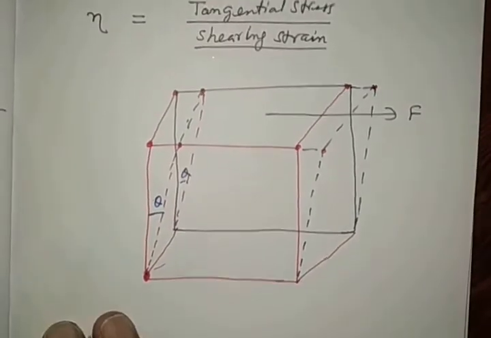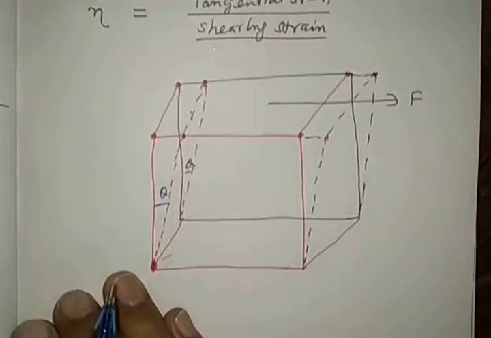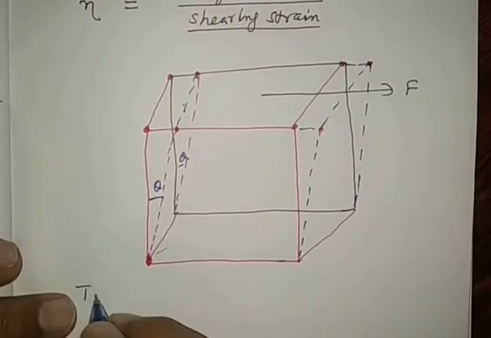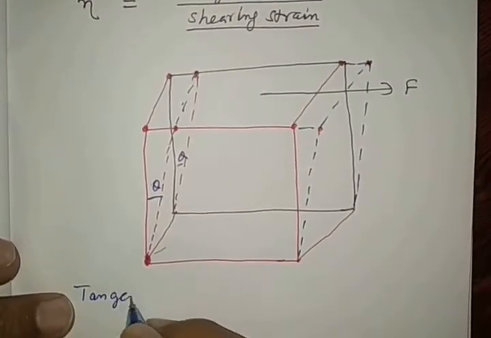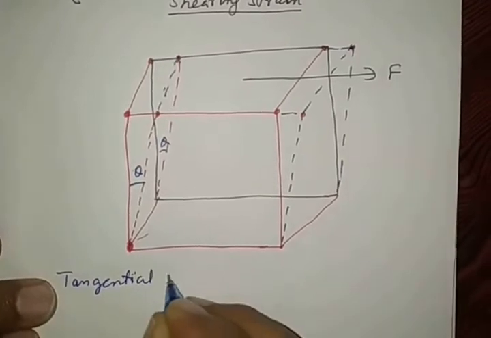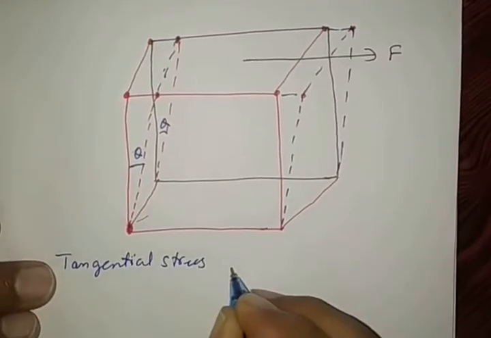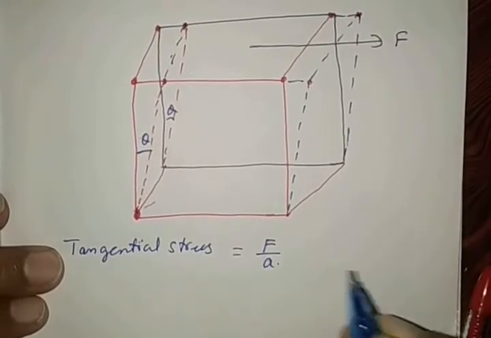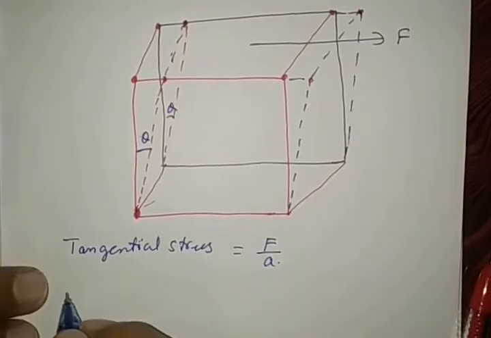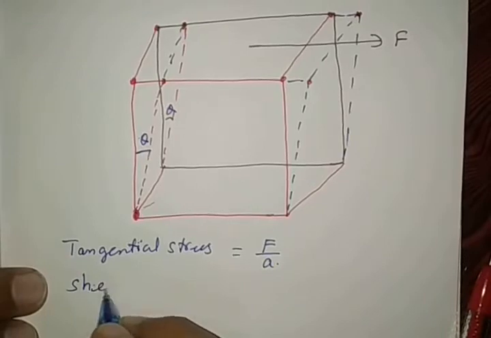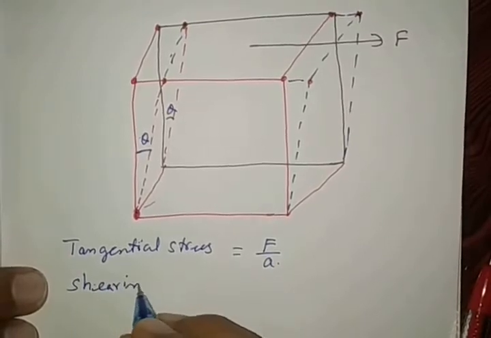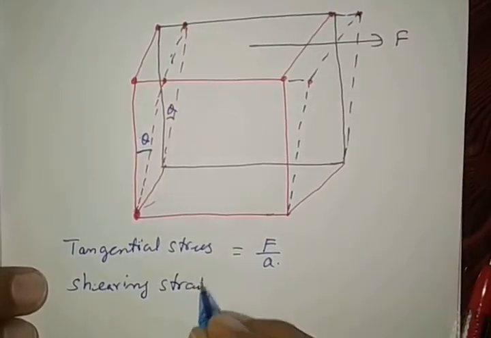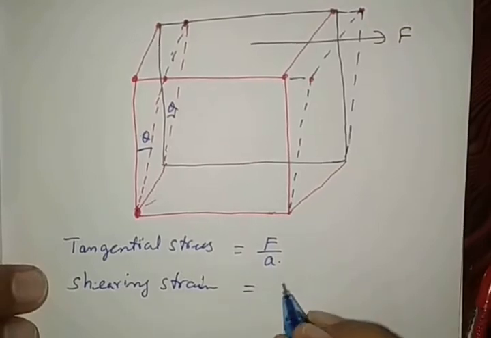Here in this case, see the tangential stress. Stress is given by force acting on area, and shearing strain is given by theta.